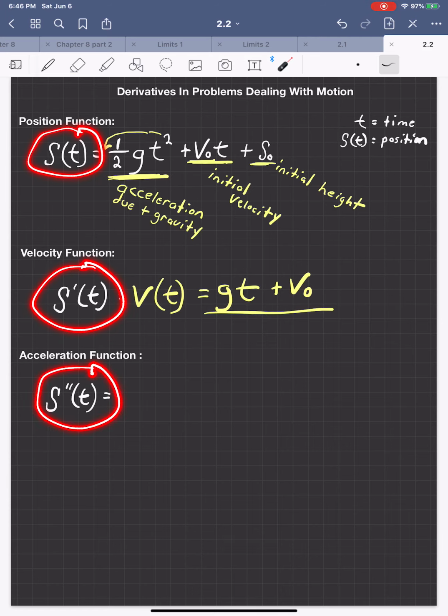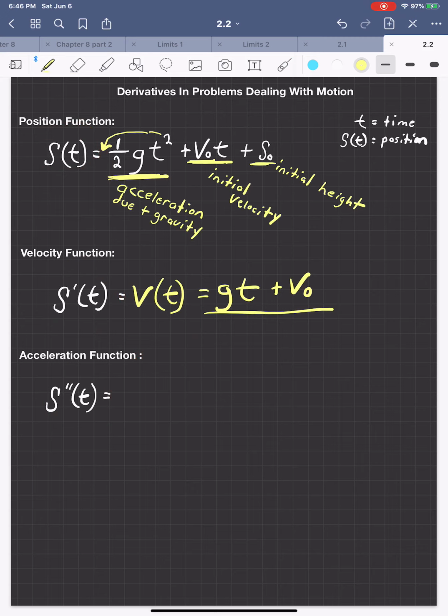So you have a function, you take a derivative, then you take a derivative of the derivative. The good news is the second derivative of the position function is your acceleration function. Your second derivative of position just means you take the derivative of velocity.